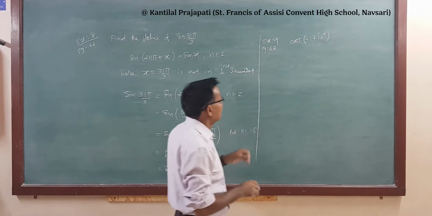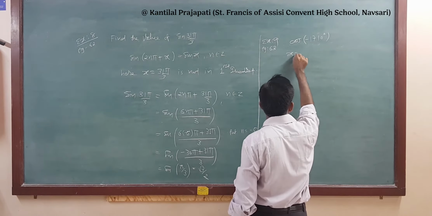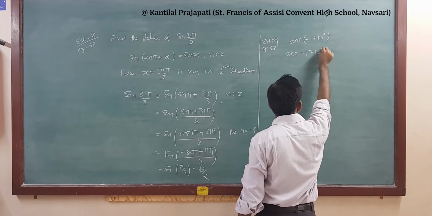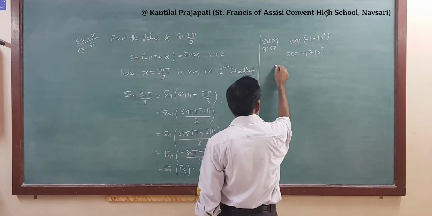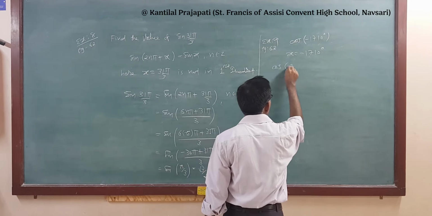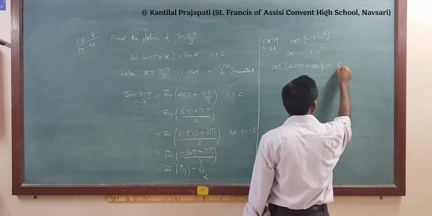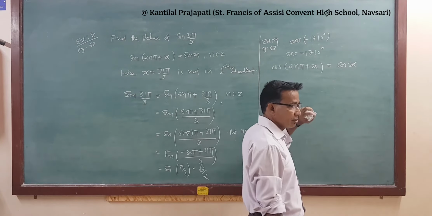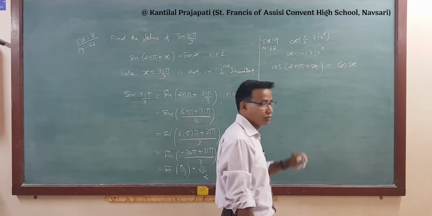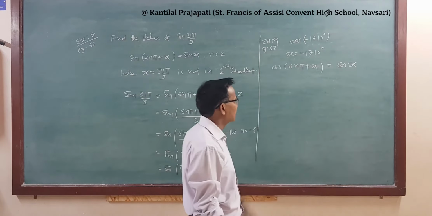Here the value of x is given as minus 1710 degree. Degree measure is given, so we have the formula also here. We know that cos of 2n pi plus x is equal to cos x. Here x is equal to minus 1710 degree, which does not lie in the first quadrant, so we have to convert minus 1710 degree into the first quadrant.